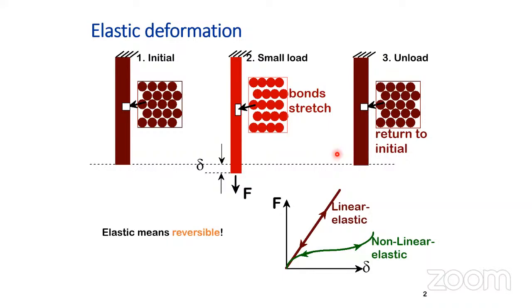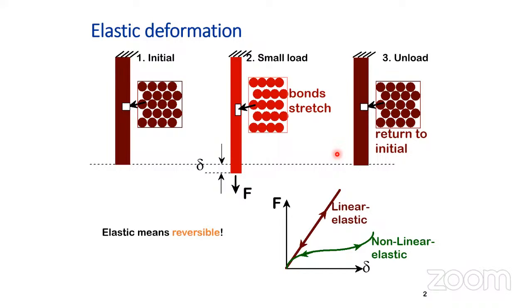If you stretch the rubber band with 2 hands, its length will increase and its thickness will decrease, correct? After that, if you remove all the forces applied by your 2 hands, your rubber band will regain its original shape. That's why it's called a reversible process; elastic means reversible.